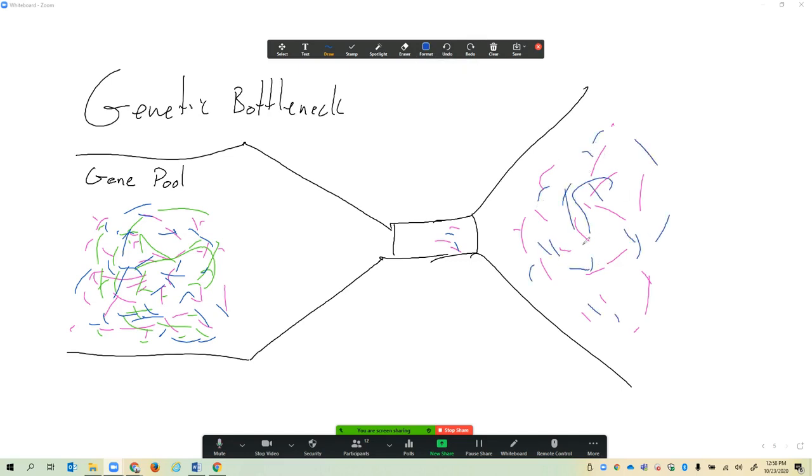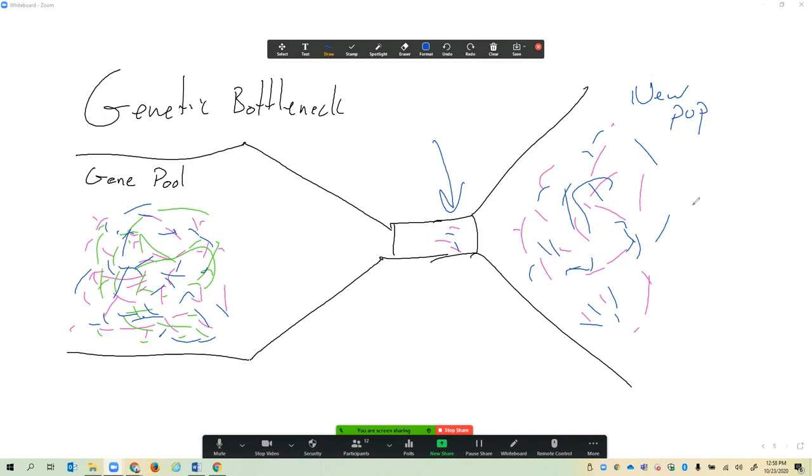Now, here's the question. Because of this bottleneck right here, does the new population over here have the same ratio of genetic information as the initial population? No, it does not. What has happened is the genetic information has been bottlenecked.